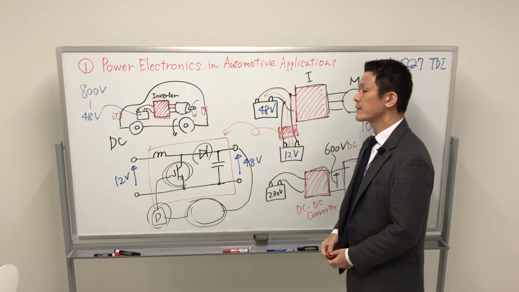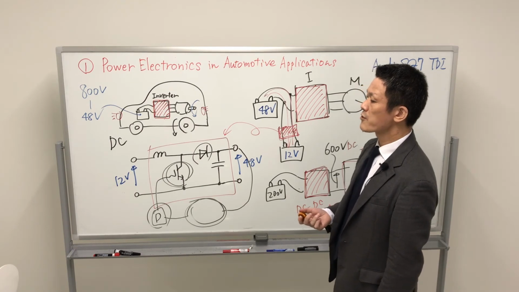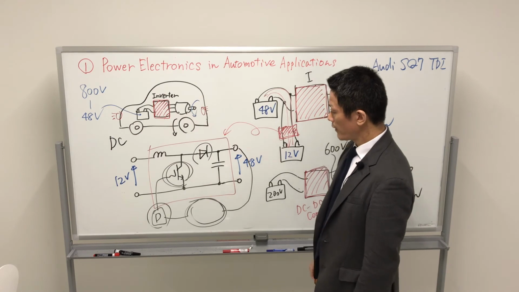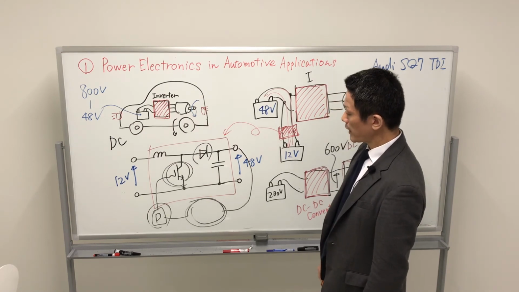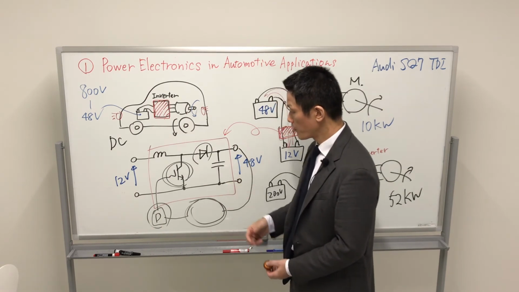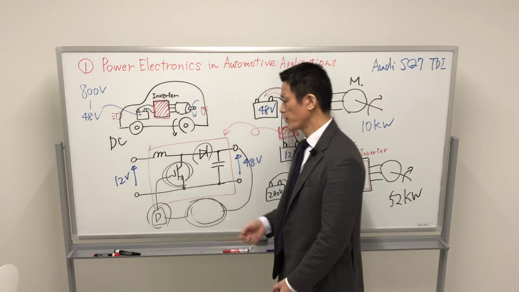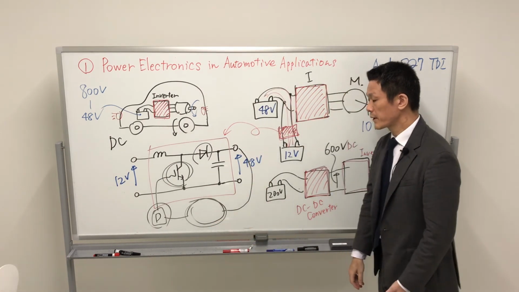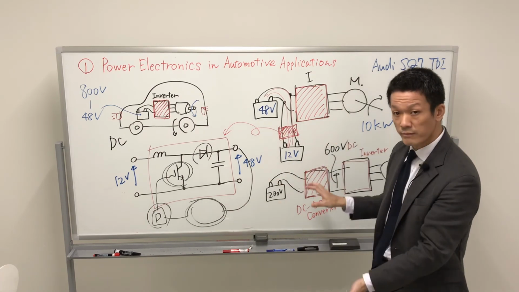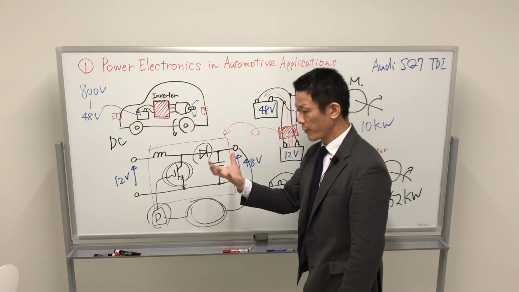In the next lecture, I will talk about the power circuit: how to design the inductor and capacitor, and how to control the switching timing. But the important thing is the application. Why do we require the power electronic system?